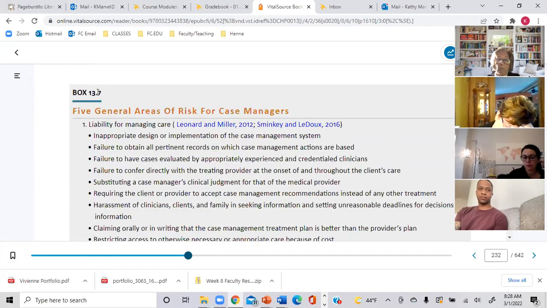And then this is an interesting box for you to read through if you'd like to, more detail on legal issues, 5 general areas of risk for case managers. And I think you could use this outside of case management too, and just call it 5 general risks. Okay.